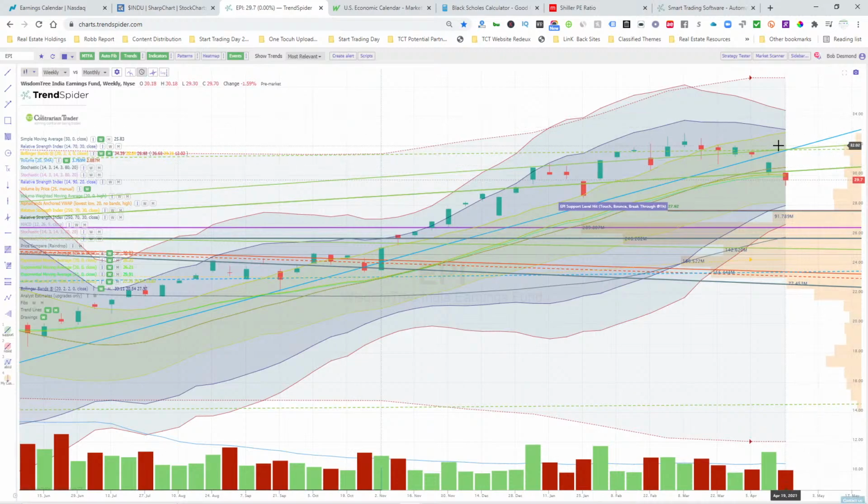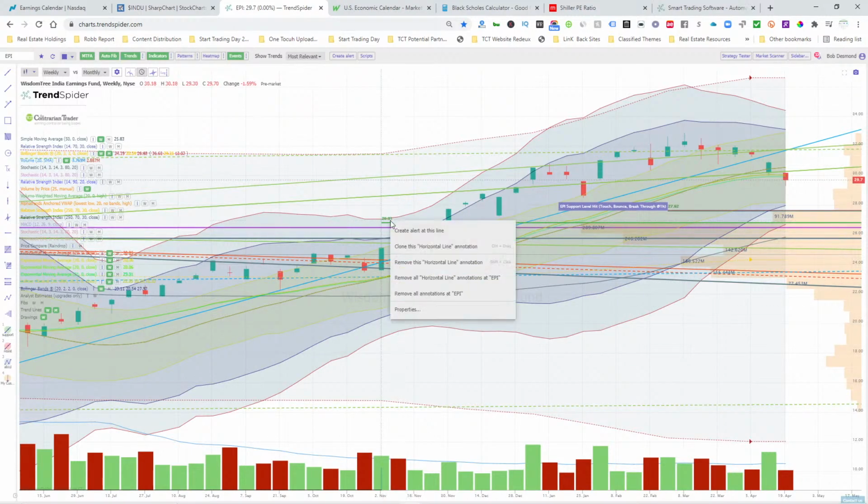So we're looking for a retest of the support level. At worst, I think what's going to happen is that we're going to come down here to 26, let's call it $27 per share.